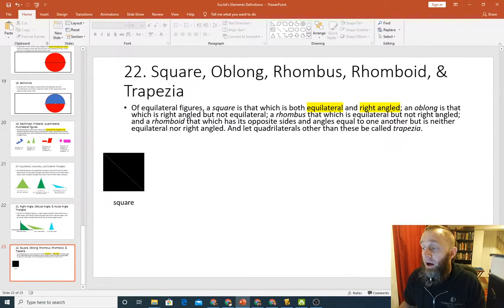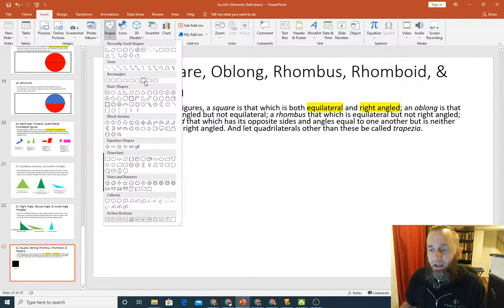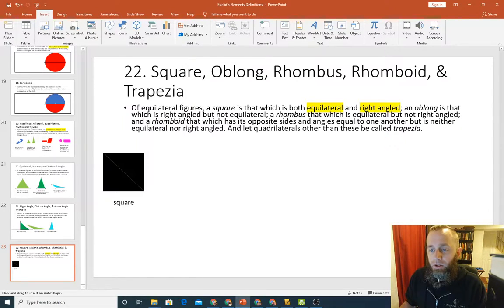Okay, an oblong is that which is right-angled but not equilateral. Those are easy. You usually think of them as rectangles, but Euclid wants to call them oblongs. So it's right-angled. These are just automatically right-angled. I'll prove that it's right-angled in a second, but not equilateral.